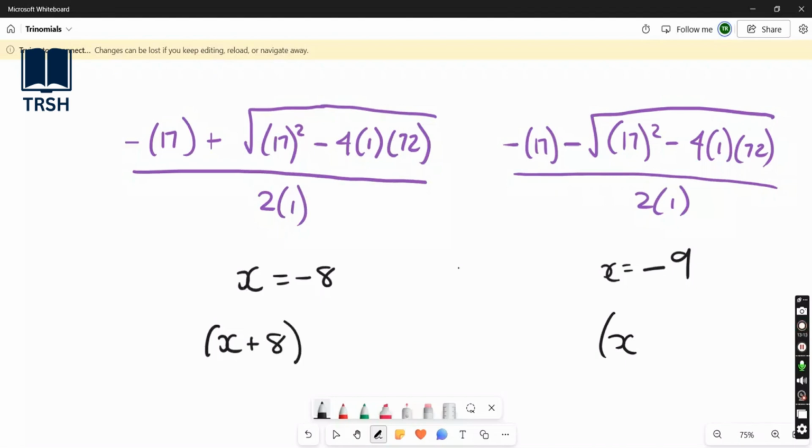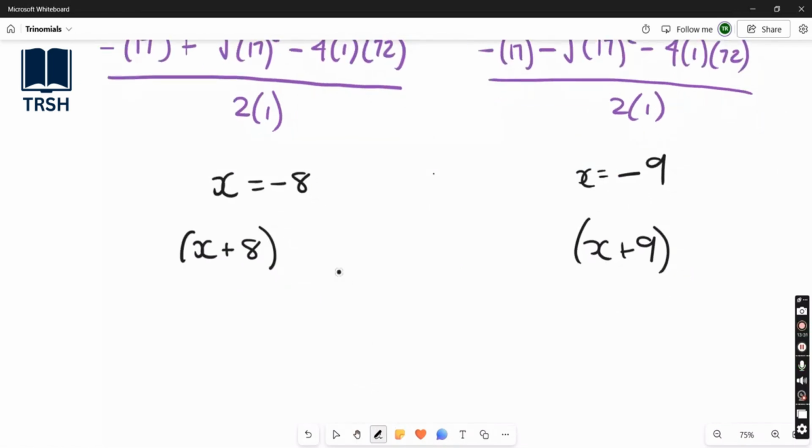If it's negative, it will be positive 8. And then positive 9, sorry. Positive 9. And then that means that these are your two brackets. So your two brackets are x plus 8, x plus 9.